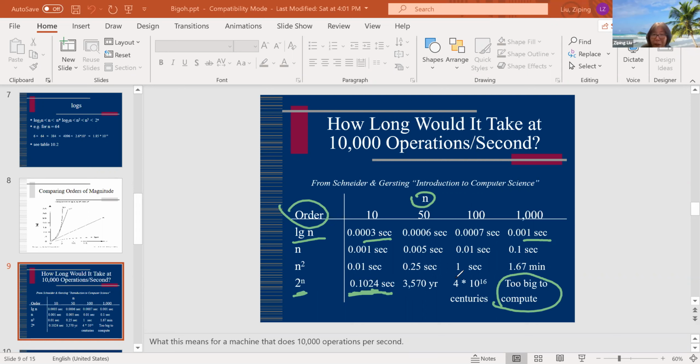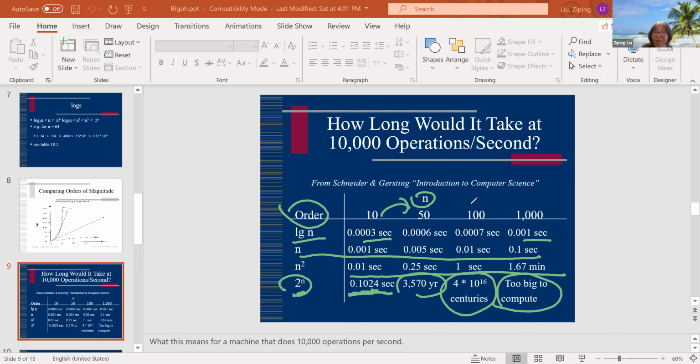If n is 100, it already goes to centuries. When n changes from 10 to 50, it already changes from 0.1 second to some 1,000 years. Linear is not that large, n squared is still tolerable, but 2 to n is intolerable.